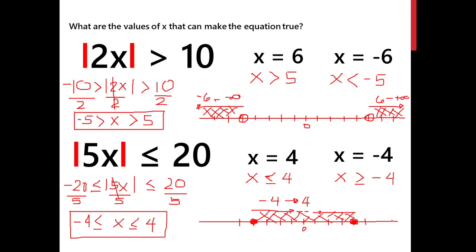Use the arrow here. So those are the solutions of this inequality. You can try to compare if the symbol being used is greater than or equal to, and only greater than or less than. Let's have another example.